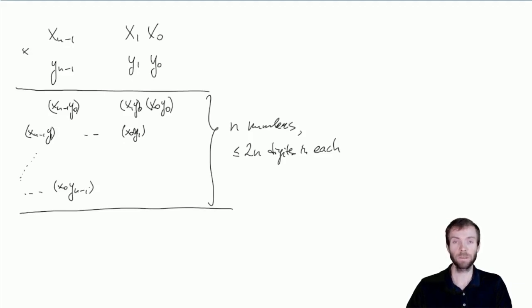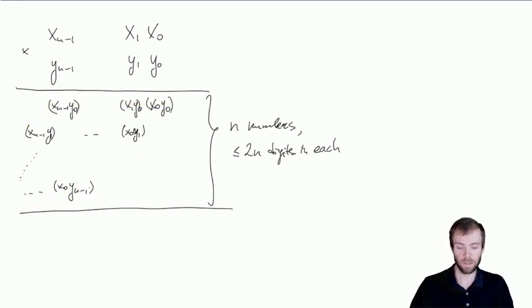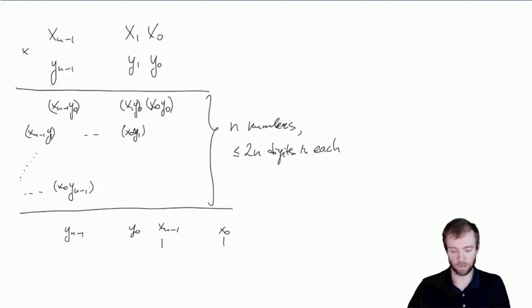First we note that getting all these single bits that we have in this ladder is pretty simple. All these bits are just conjunctions of the input bits. So if we are to build a circuit, we can start by taking all our inputs, x0 through xn minus 1 and y0 through yn minus 1, and making all the pairwise conjunctions simultaneously.